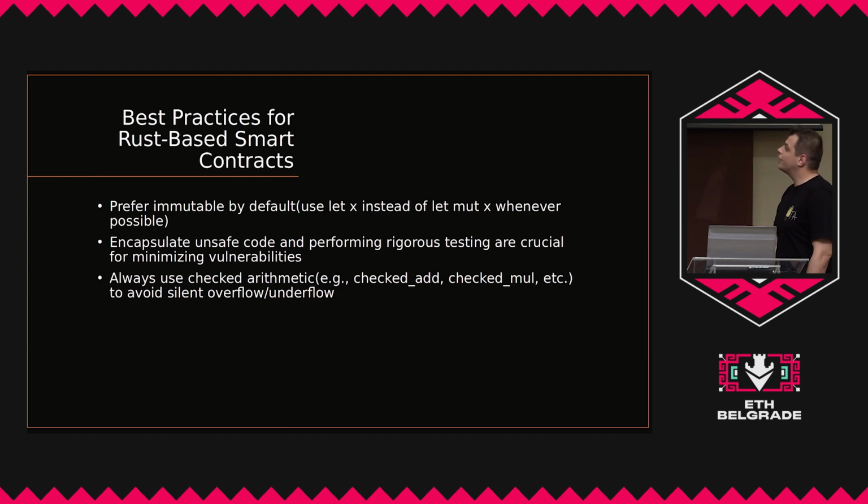Be aware that we need to be careful when writing unsafe code. We need to be good at testing and try to minimize vulnerabilities. And we need to always use checked arithmetic to avoid overflows and underflows. We could use checked_add, checked_mul, etc.